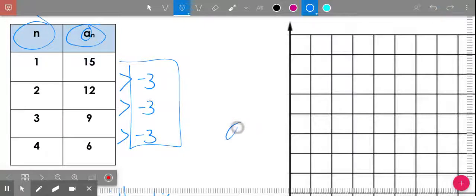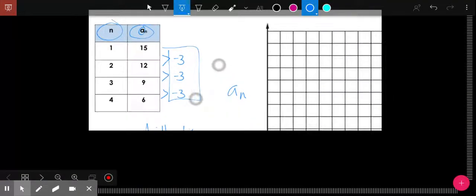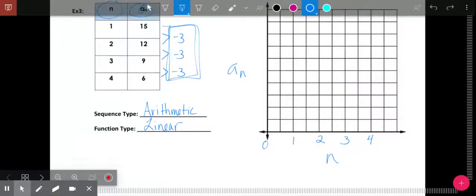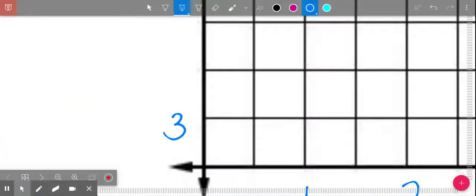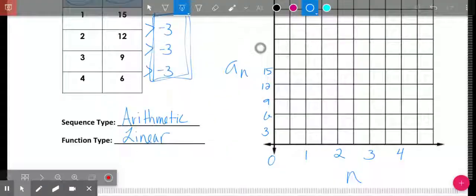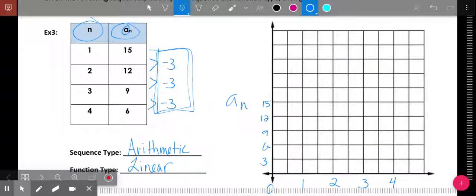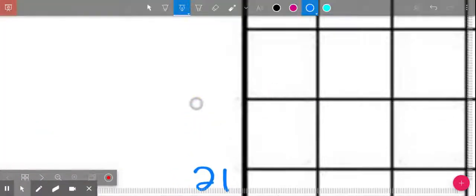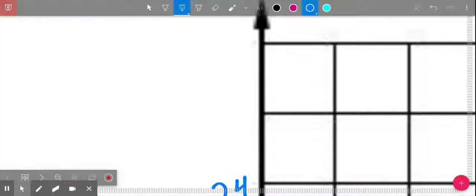Since our difference was 3, I'm going to go up by 3s. It's going to be easiest to plot the points if you go up by 3s. I might have been able to get away with skipping, but that's okay. Yes, you have to take your scale all the way to the end. Don't be lazy.